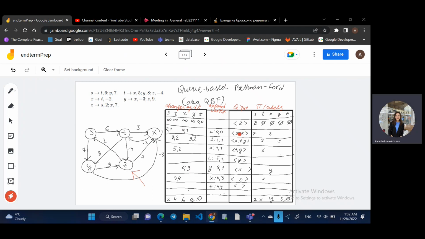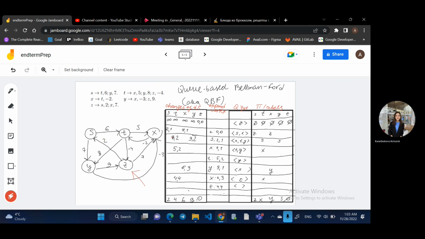And in the next iteration, we're going to take out S, and S's D and E values are 2 and 1, as in here. And we basically do the same thing. We look at S, we have edges to T and Y. So 2 plus 6 is going to be 8. And as you can see, we have one edge here, second edge here. So that's why it's going to be 2.